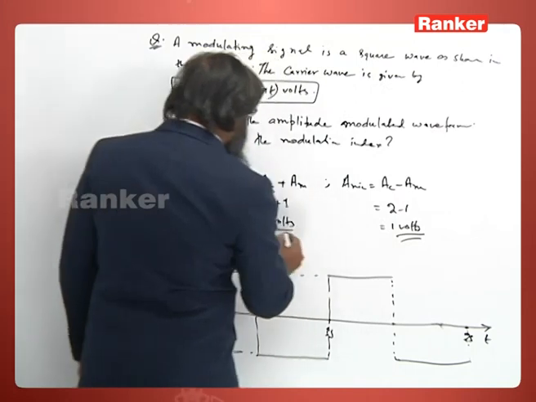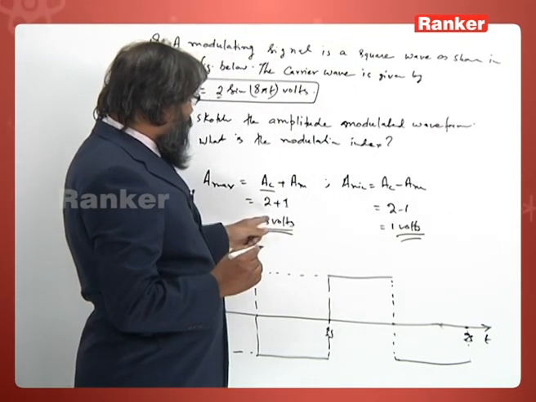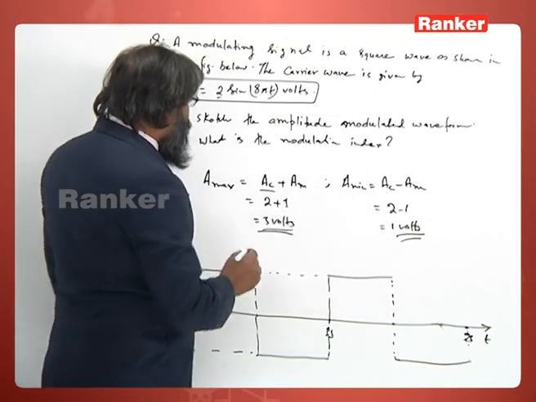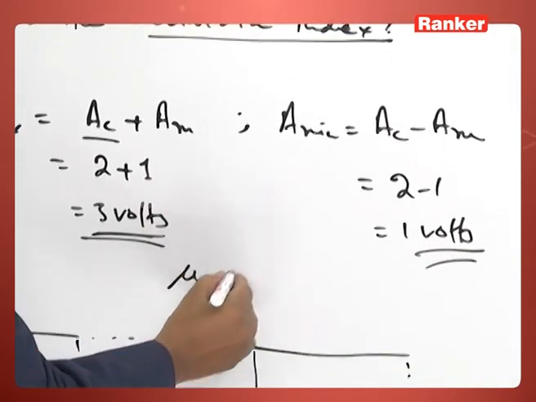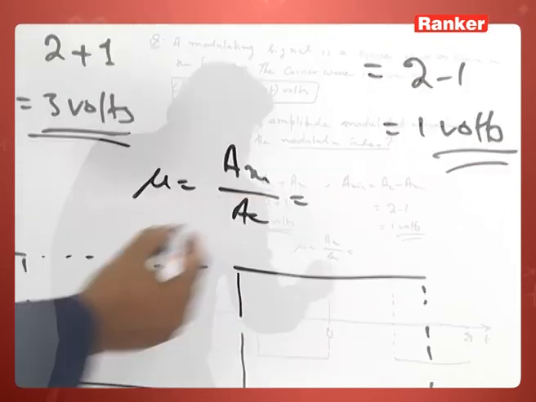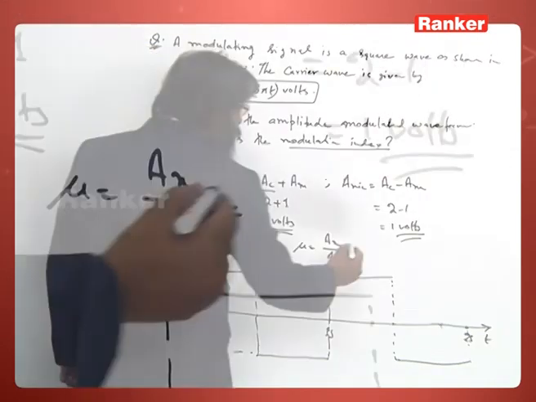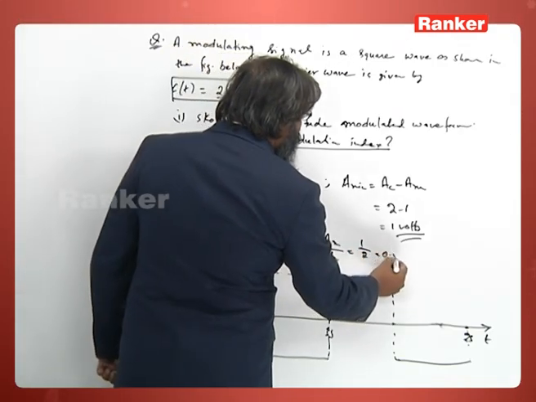So my modulated carrier wave will vary between 3 volts and 1 volt. And the modulation index which we have to calculate, mu is equal to AM by AC. The maximum signal amplitude is constant here, that is 1. So 1 by AC, that is 2, is equal to 0.5.